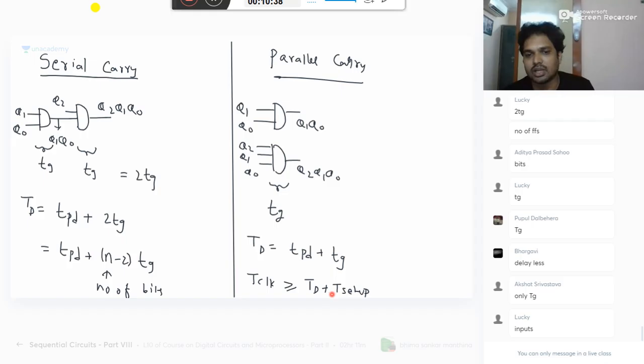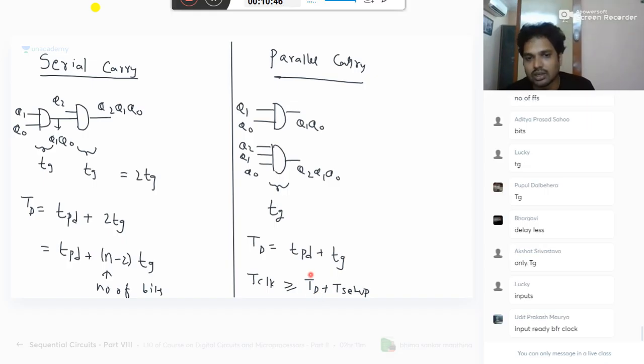Before applying the clock itself, this is coming. After applying the clock, this delay is required to get the output. So the total time period should be more than this. Yes, this is the before-clock part and this is the after-clock part. TPD and TG. Okay. So before the next clock, these three things, setup time and this one, should be completed.